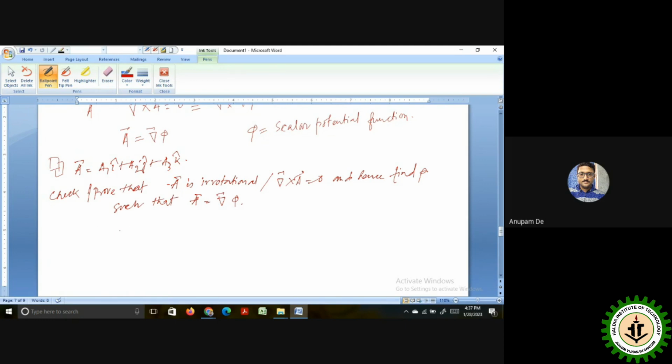Suppose A equal to A1 i plus A2 j plus A3 k, and if this is equal to grad phi, then what will you get? Del phi by del x i plus del phi by del y j plus del phi by del z k.